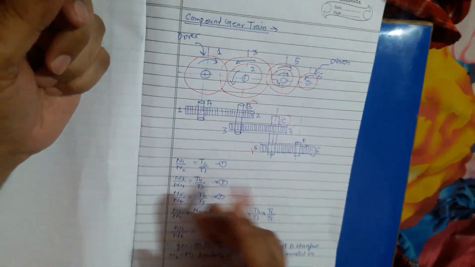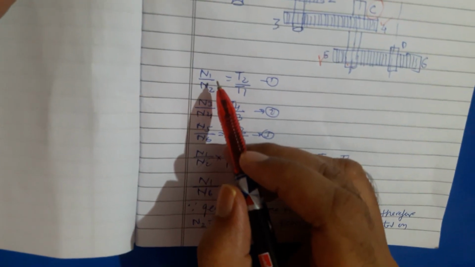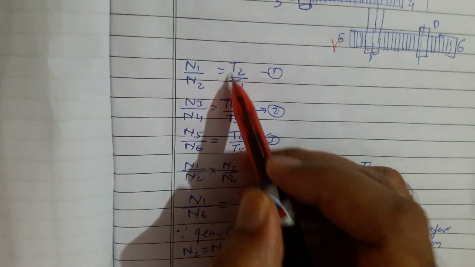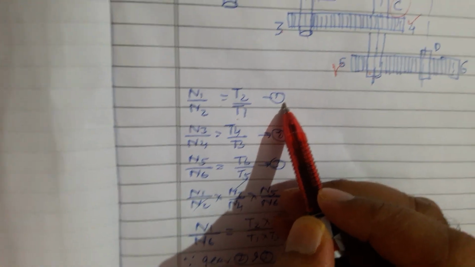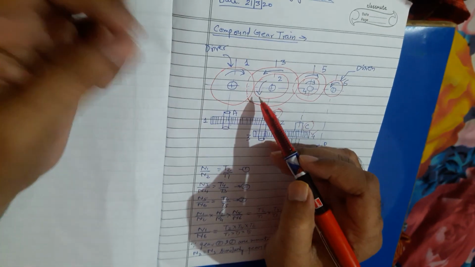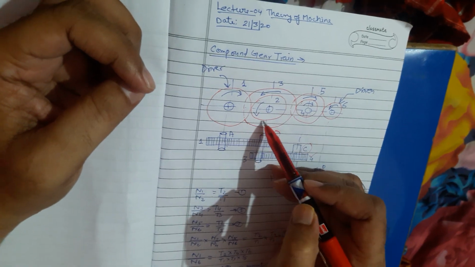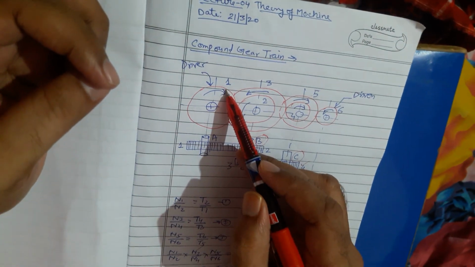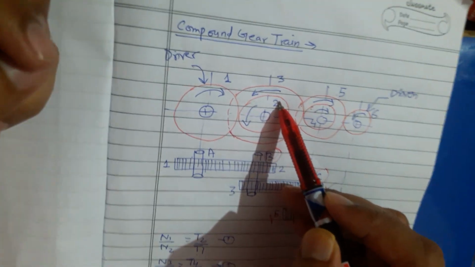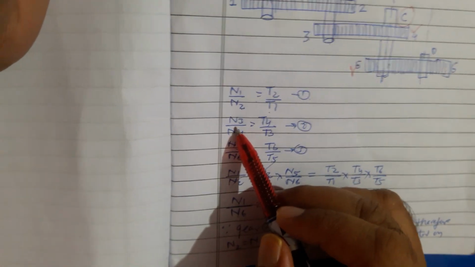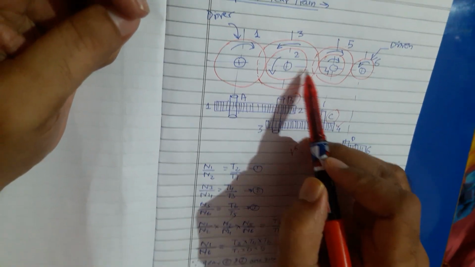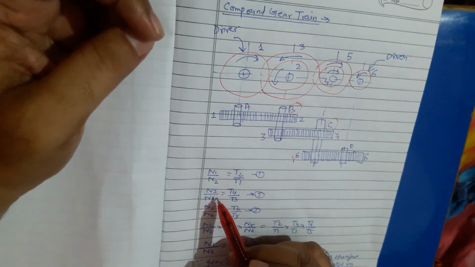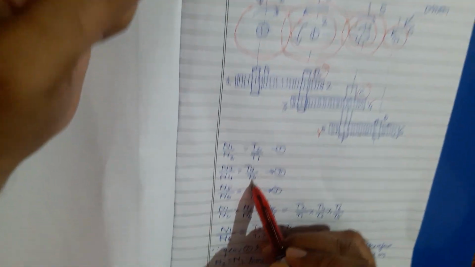Now we are applying the gear law. You can see N1 upon N2 is equal to T2 upon T1. This is equation number 1. Same as we apply when driver gear 1 rotates gear number 2, which is directly connected to it. Similarly, gear number 3 is directly connected to gear number 4, so N3 upon N4 equals T4 upon T3.